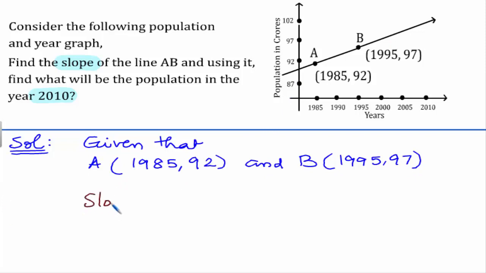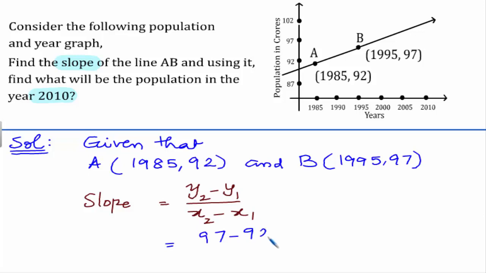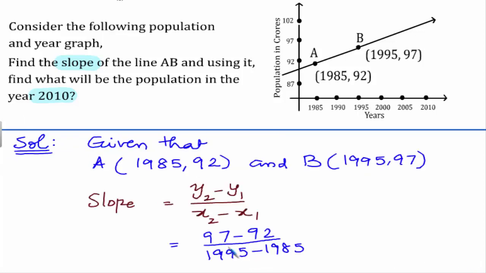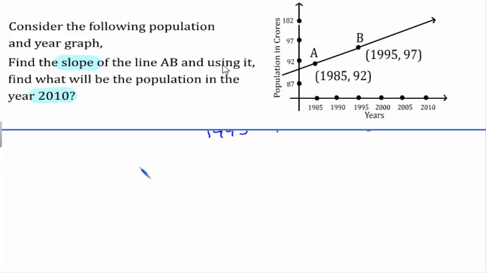Let us use the formula to find out the slope, which is y2 minus y1 by x2 minus x1. Now using this formula, we can write the slope as 97 minus 92 by 1995 minus 1985. That will be 5 by 10. Then the slope of AB will be 1 by 2.